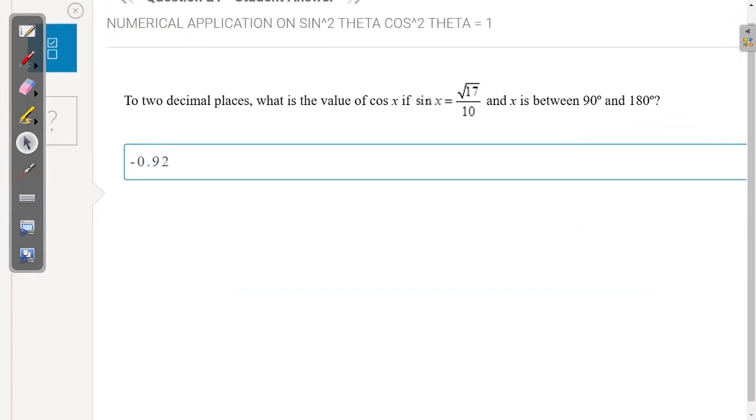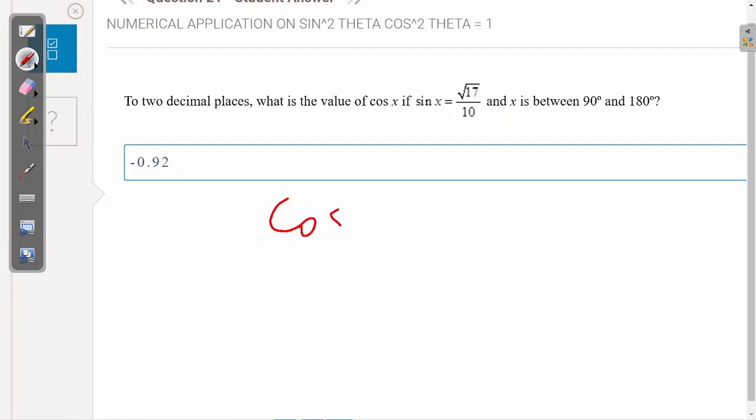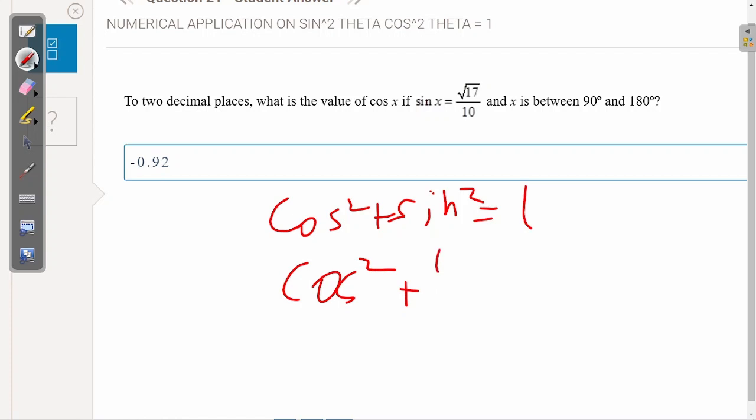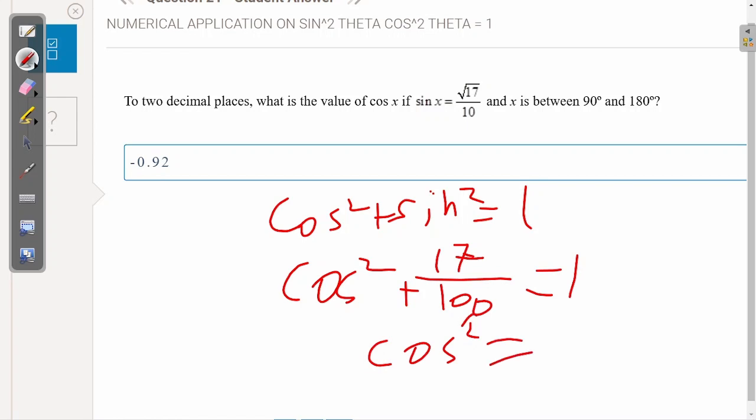Okay, so for this use cosine squared plus sine squared equals 1. Cosine squared plus radical 17 over 10 squared. The radical cancels, 17, 10 squared is 100, equals 1. Cosine squared is 1 minus 17 over 100, which is 83 over 100.